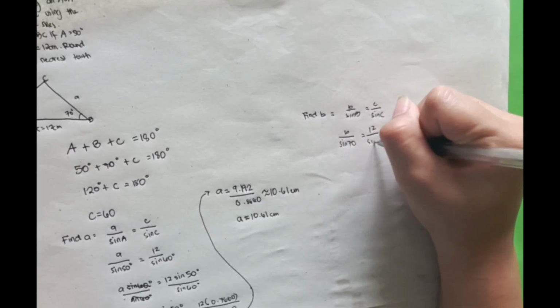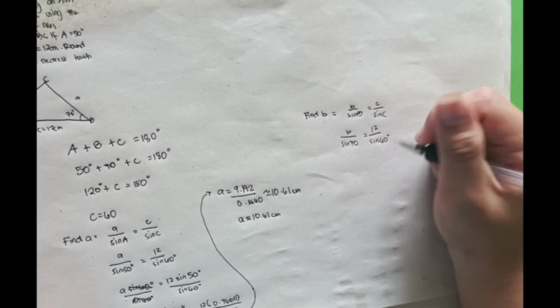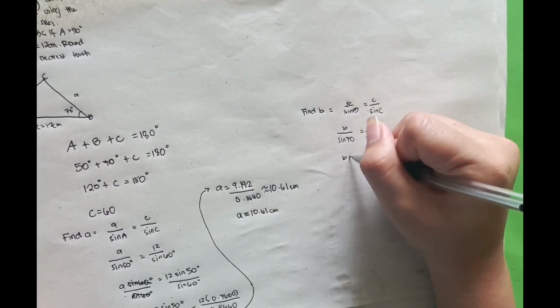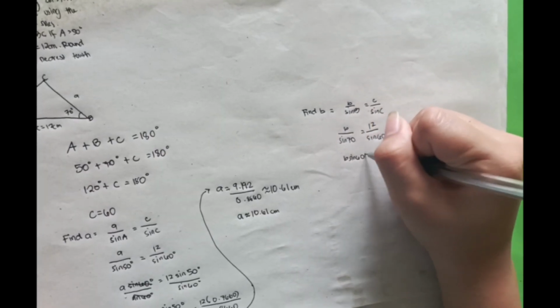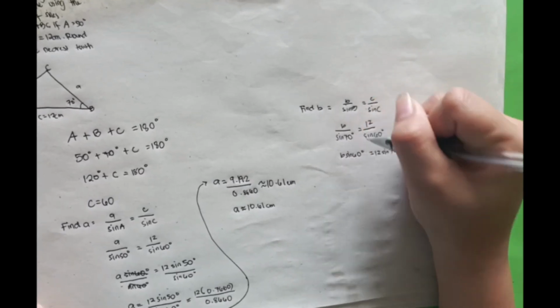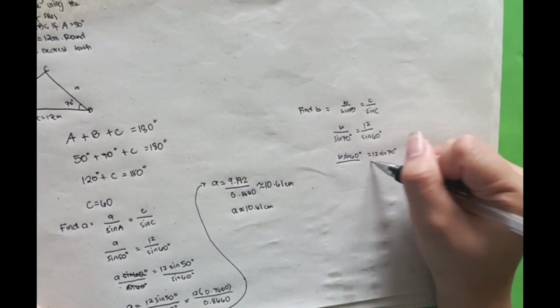And then, we perform cross multiplication. After that, we divide both sides by sine 60 degrees.